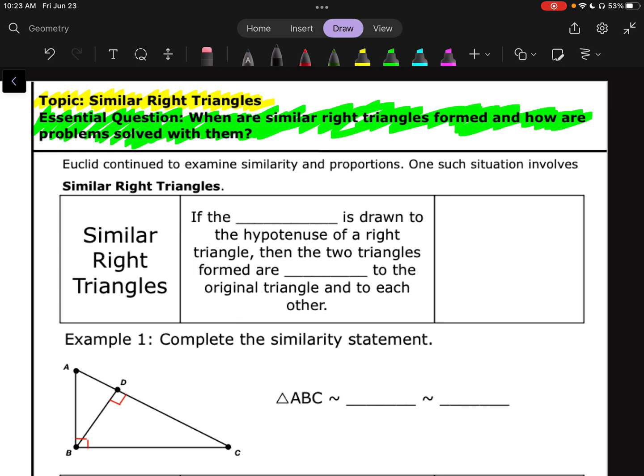And so what this says is Euclid continued to examine similarity and proportions. One such situation involves similar right triangles. So what are these things? Similar right triangles. If the altitude is drawn to the hypotenuse of a right triangle, well, let's first illustrate that.